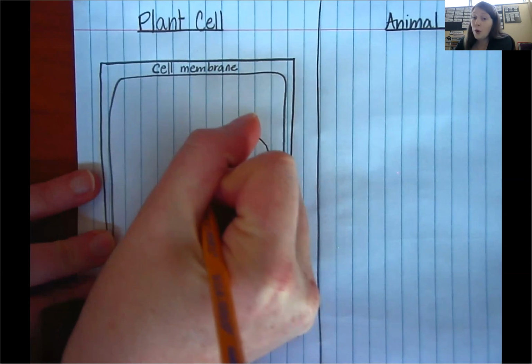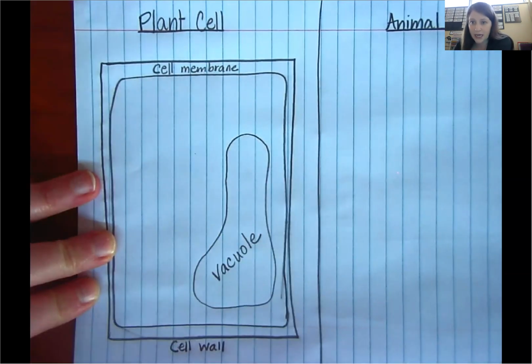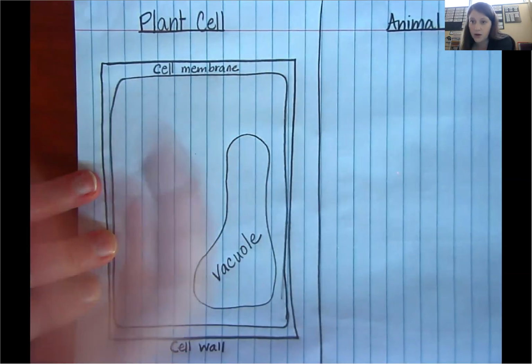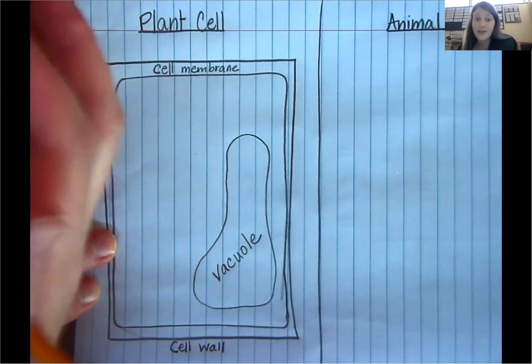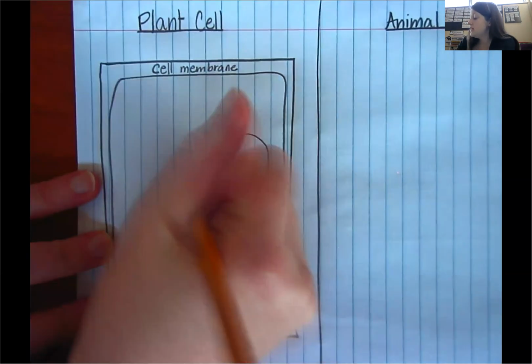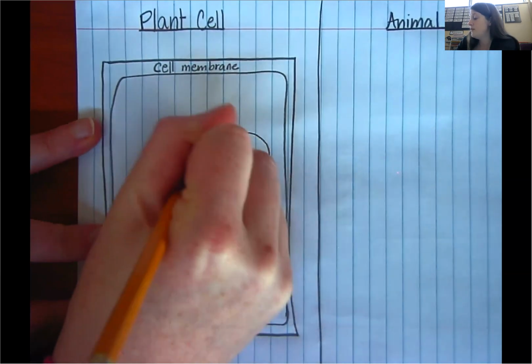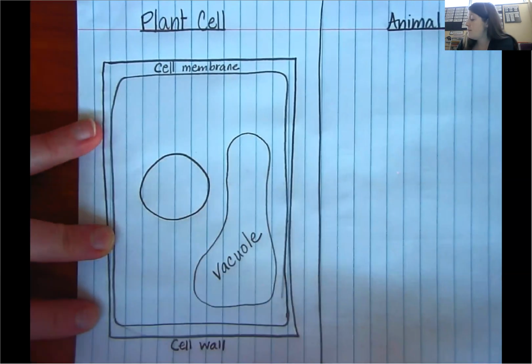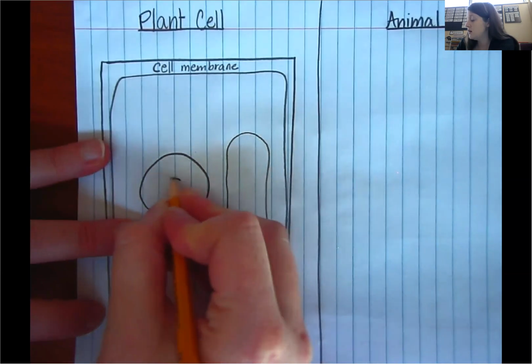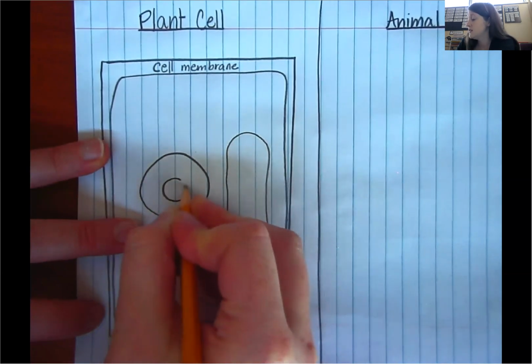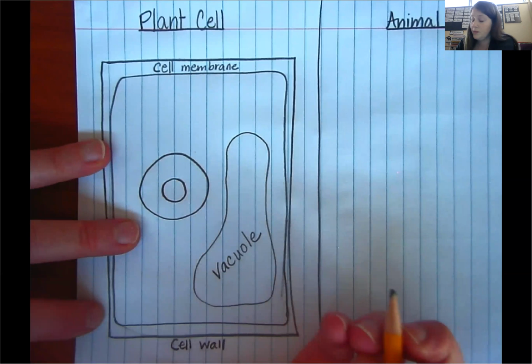Also, we know, because these are eukaryotes, both plant and animal cells are a type of eukaryote, they have organelles and they have a nucleus. The nucleus is usually pretty round in shape, and it has a smaller, what's called nucleolus inside of it.